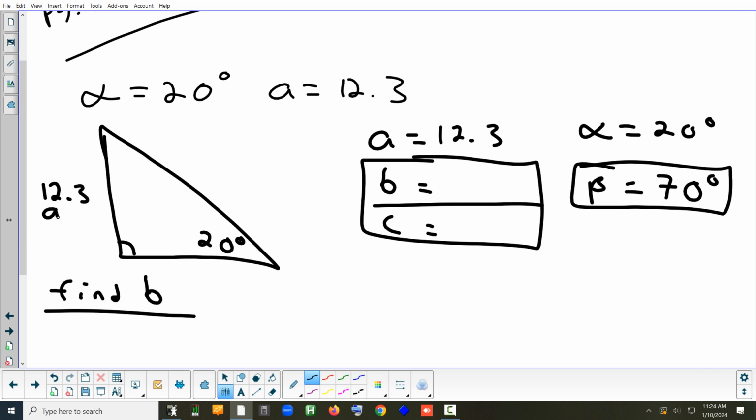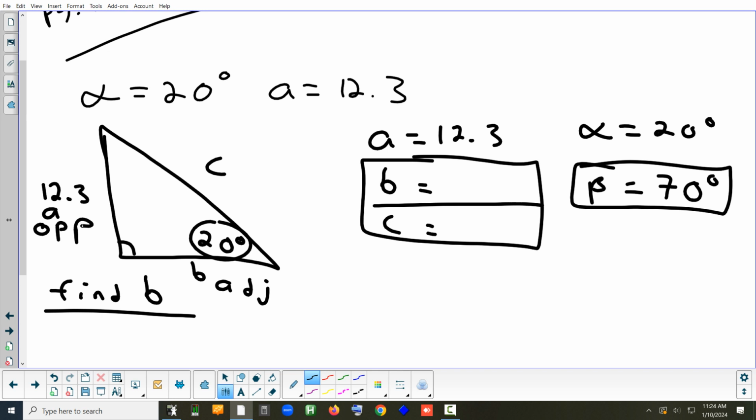So this is A, this is B, that's C. Everything is going to be from the perspective of which angle? Yep, the 20 degree, because that was the given. So what is side B? Or what's the position? Adjacent. And that means side A is opposite.